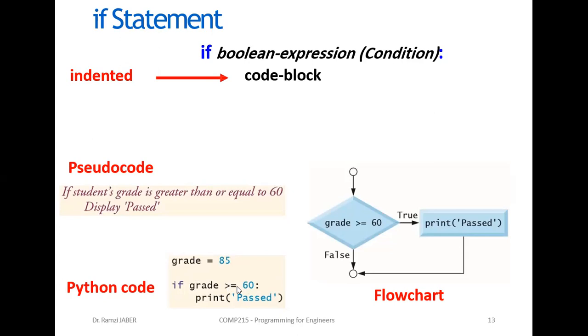If grade bigger than or equal to 60, colon, enter, tab, print passed. You can use single quote or double quote. So here is a simple example of pseudocode, flowchart, and Python code. This is if.